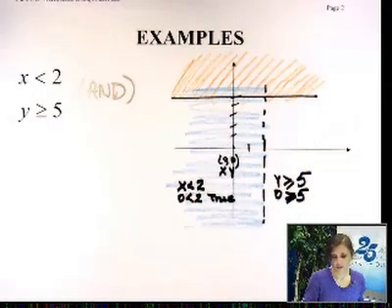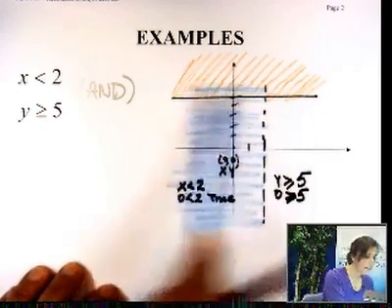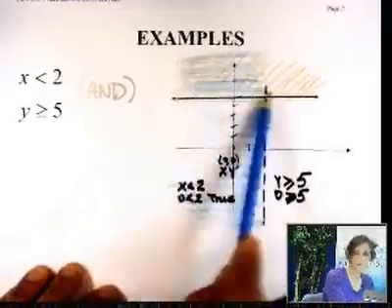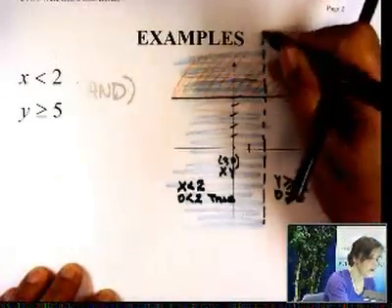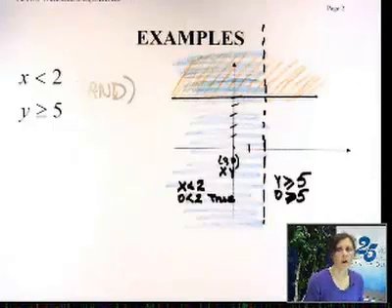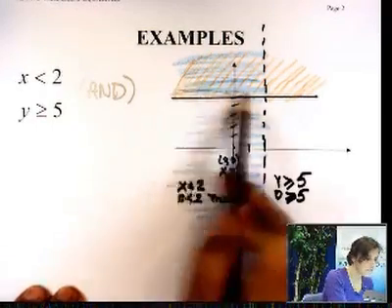Now, since it is an and statement, I need to look at the overlap. Can you see the overlap? I extend a little bit. So my overlap is where orange and blue are overlapping, and that happens to be this region.